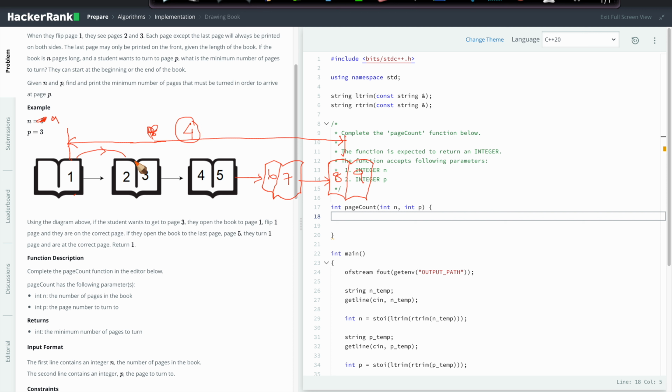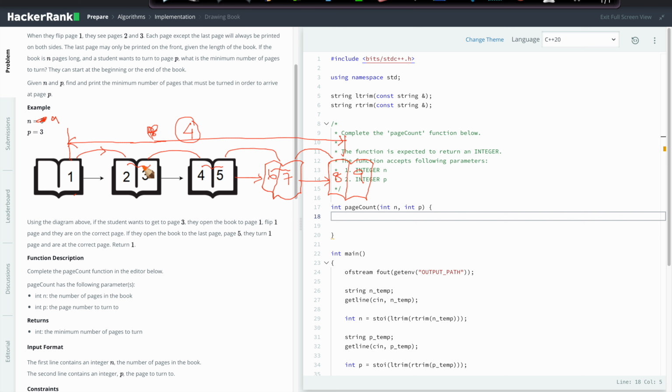Because in one flip we are visiting 2 pages, in another flip another 2 pages, in another flip another 2 pages. Is it not a multiple of 2? In one flip 2 pages, 2 and 3, in another flip 4 and 5, another flip 6 and 7. So 2 is the number of pages we are visiting at a time in one flip.